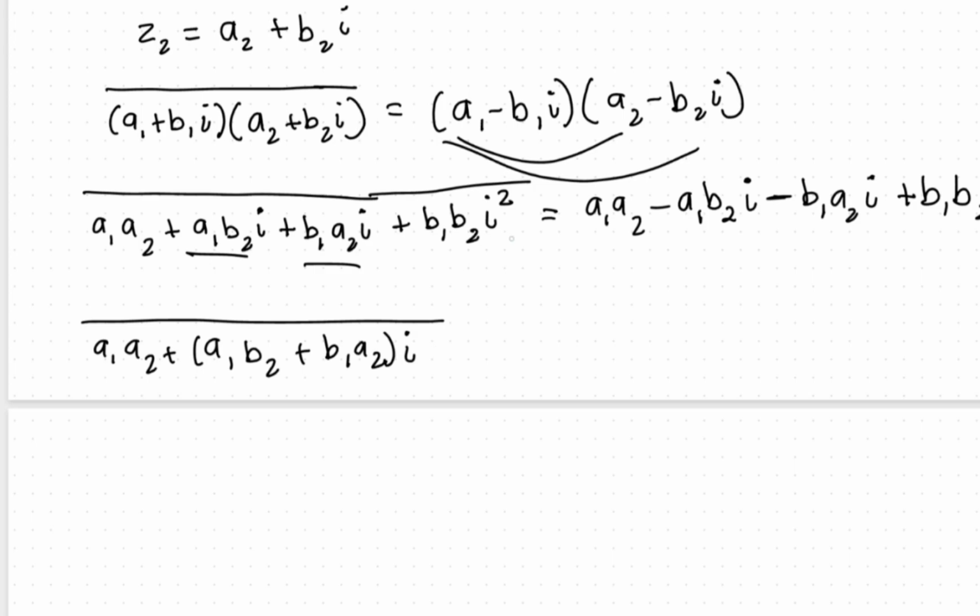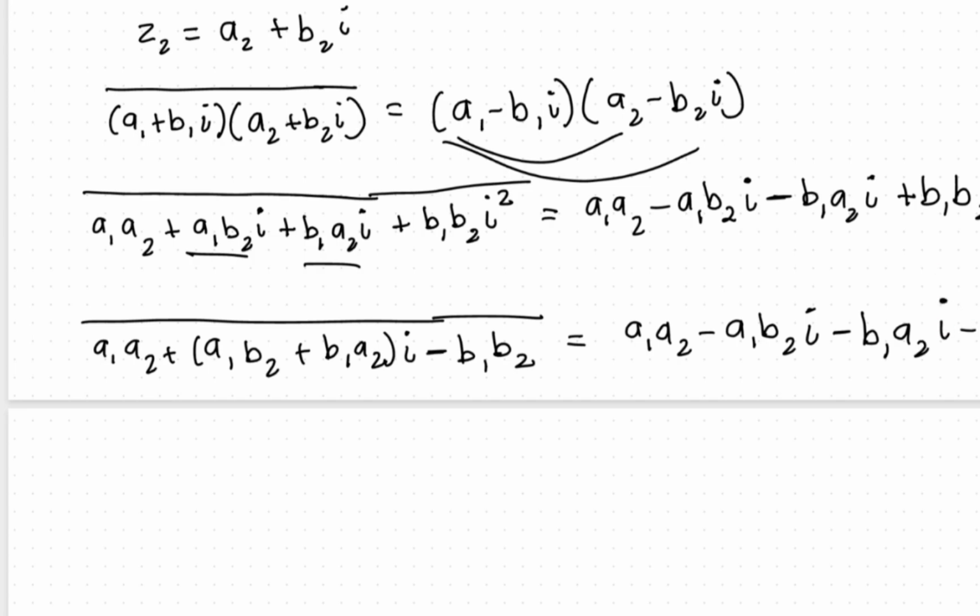So that's basically -1 times B1B2, which is negative B1B2. Let's also take the I squared over here as -1, because I squared is equal to -1. So we get A1A2 minus A1B2I minus B1A2I minus B1B2.